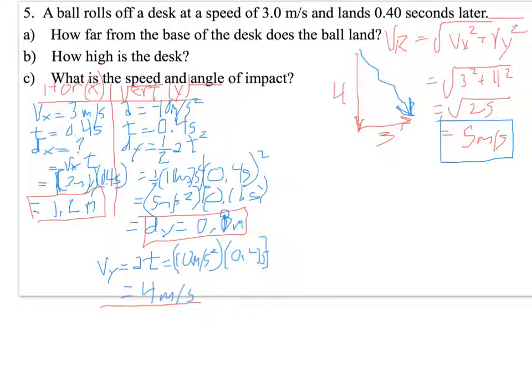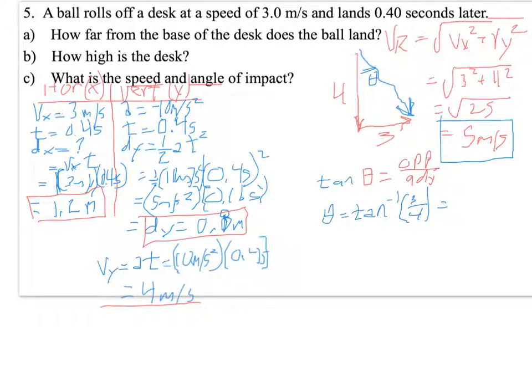To find the angle of impact, we need to first decide which angle we're going to use. So let's look at this angle right here, and this will give us the angle from the vertical. We know that the tangent of an angle, theta, is equal to the opposite over the adjacent, and since the opposite over the adjacent is 3 over 4, we know that the angle theta is equal to the inverse tangent, or tan negative 1, of 3 over 4.